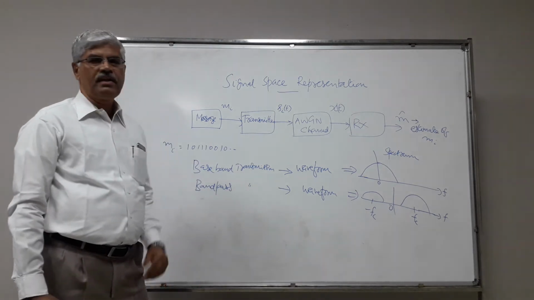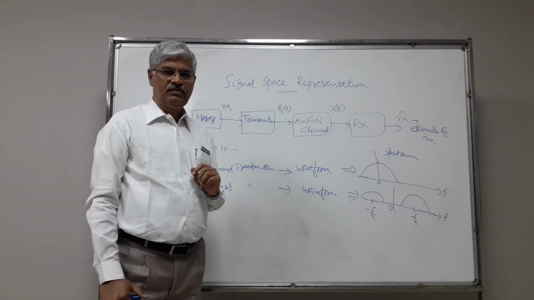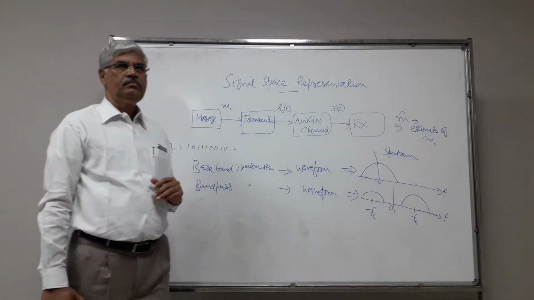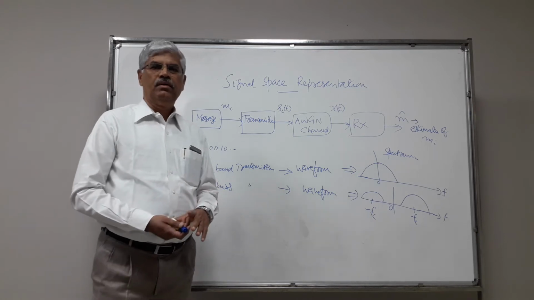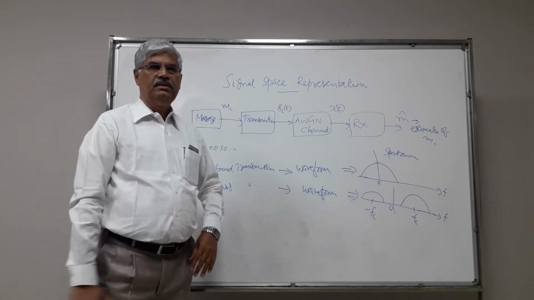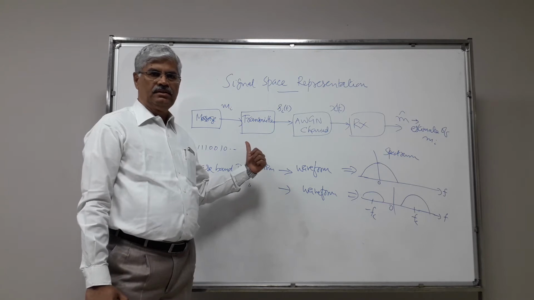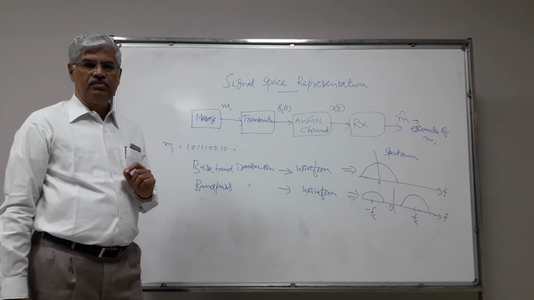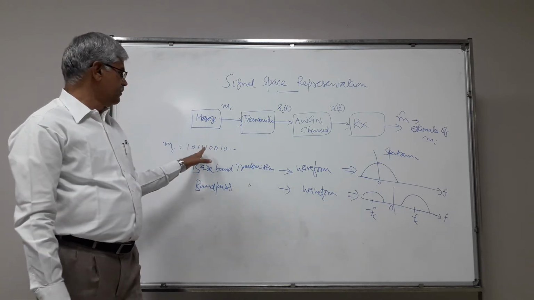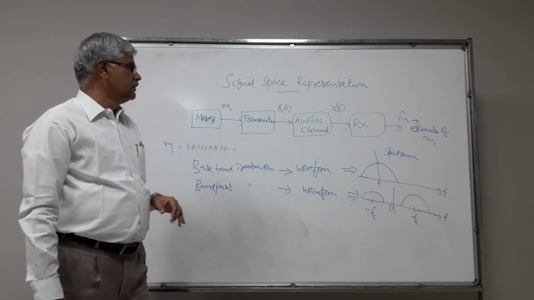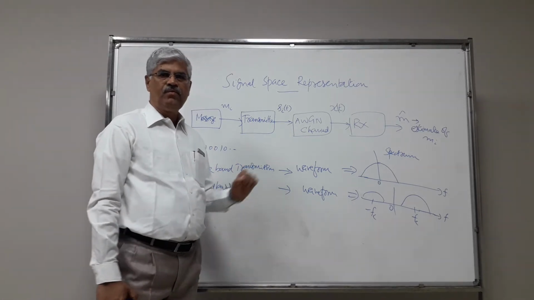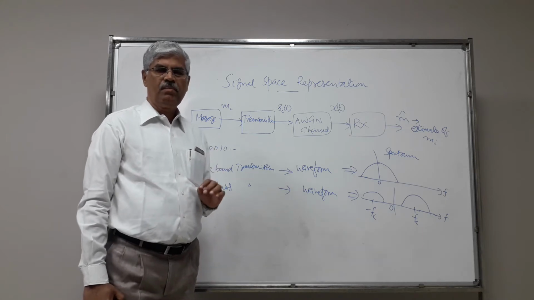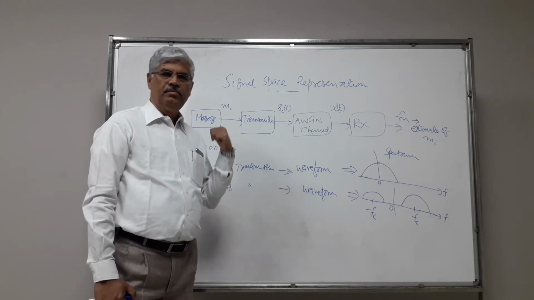Now, what type of waveforms will you select for transmitting these messages? Normally, the objective of a communication engineer in selecting waveforms is to select the set of waveforms for representing these message bits in such a way that these waveforms lend themselves to optimum reception, optimum detection of the messages.